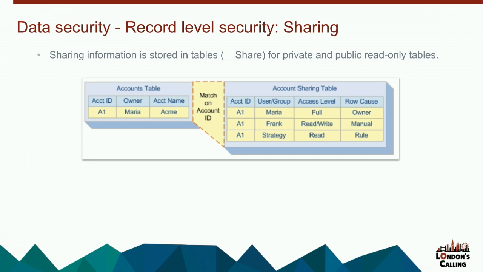And in this table, it's going to store rules of the next type. So here, for example, there is a row that says that Maria has full access to the ACME record because she is the owner of the record. But Frank has read-write access to the record because Maria has manually shared the record with him.